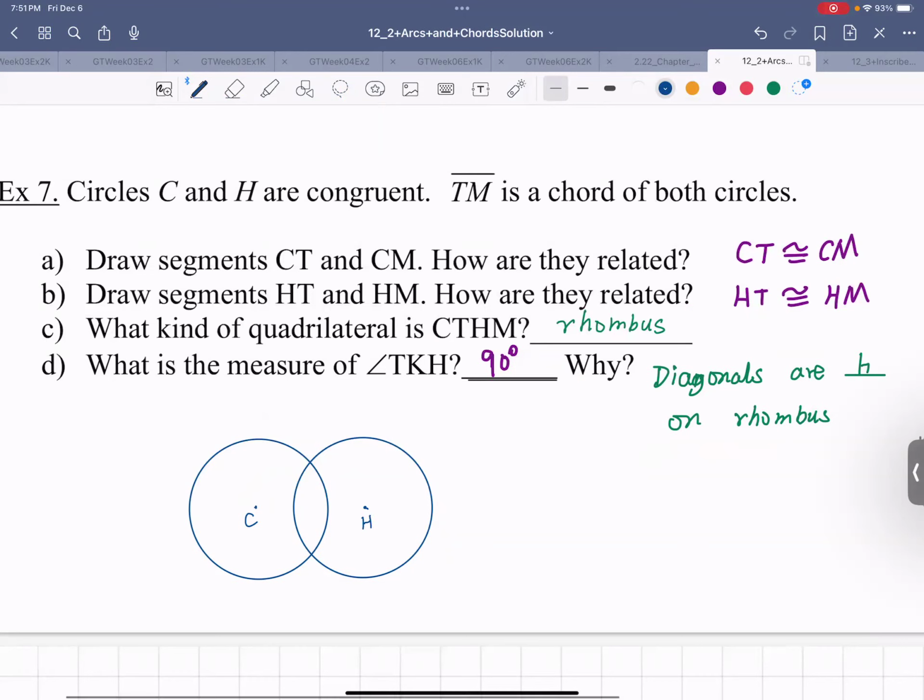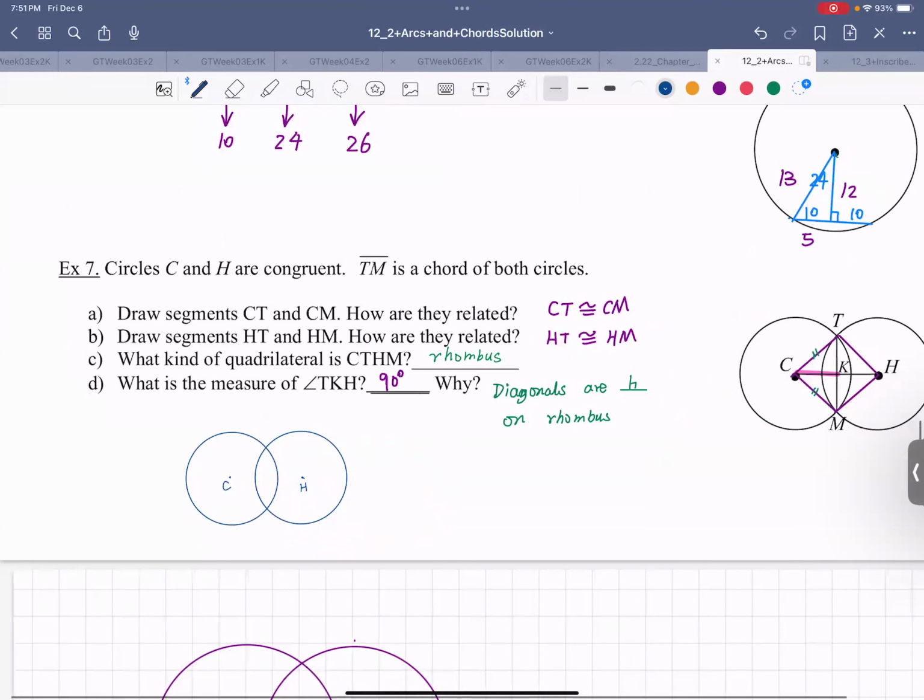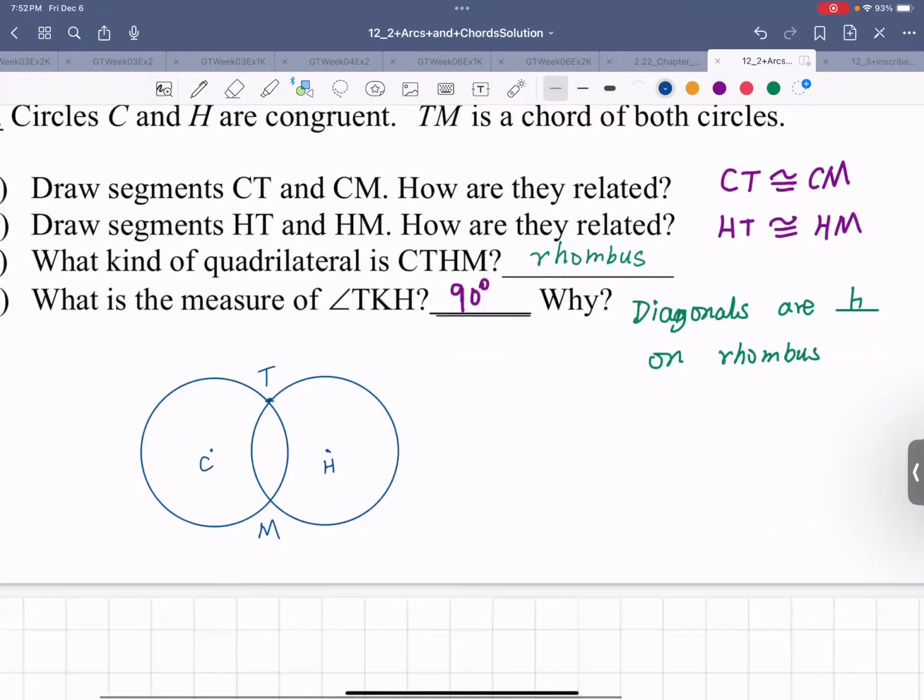And you have CT. T is this point, and M is this point. Go ahead, connect them. Connect here, connect here. This place, that place, and that place. Okay, do this connection.